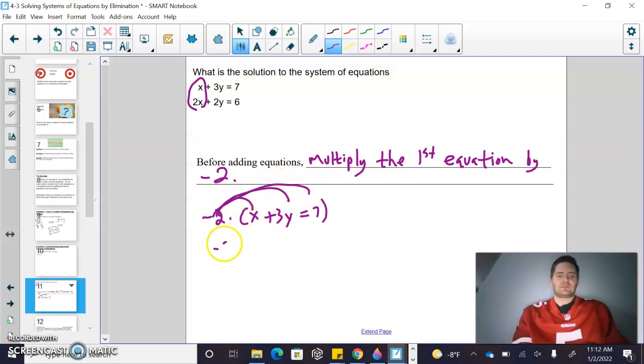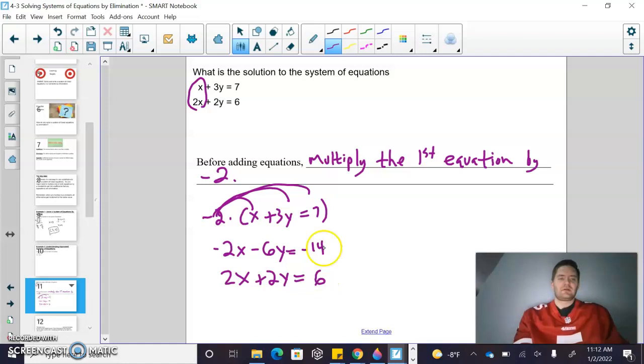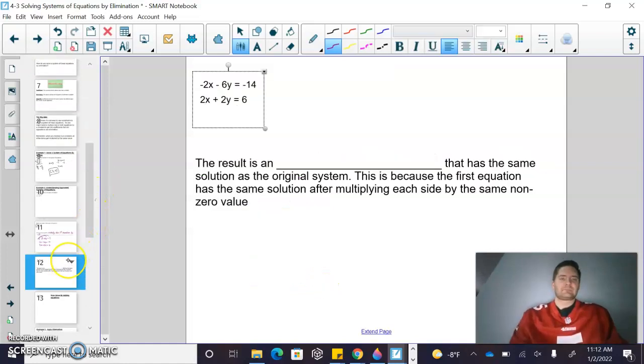All the terms need to be multiplied by negative 2. Cannot understate this enough. Everything in that first equation gets multiplied by negative 2. So now we have this.